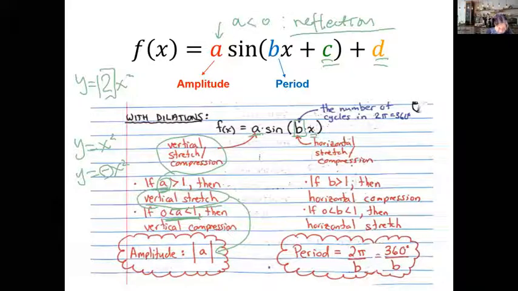This B value indicates the number of full cycles within 2 pi. So if B is 2, then within 2 pi you will see 2 repetitions of that sine graph.